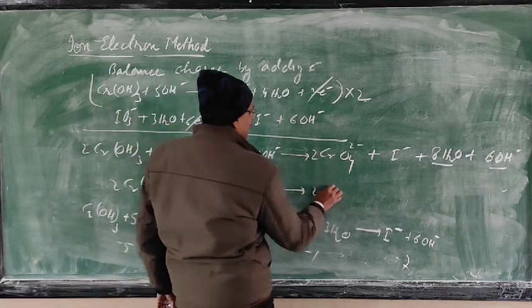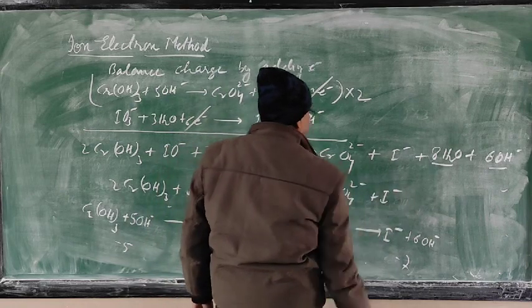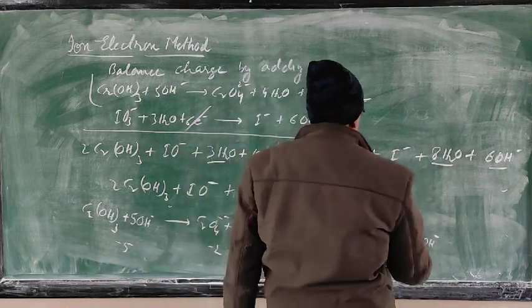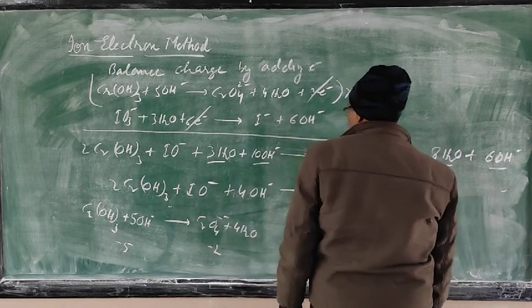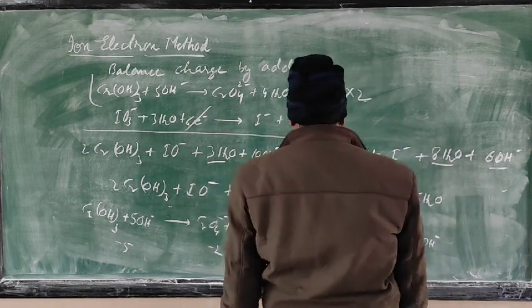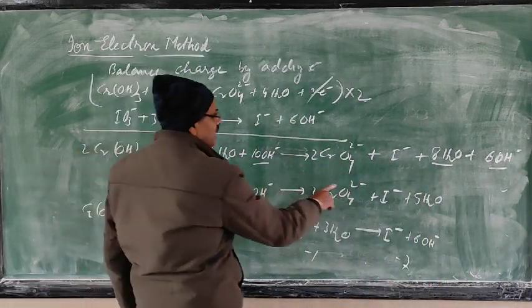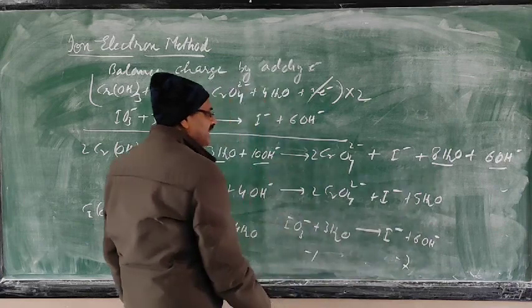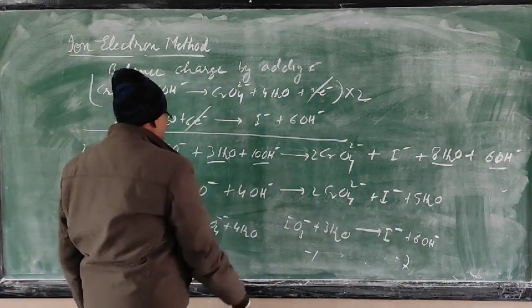This will give 2 CrO4 2 negative, I negative, then 5 H2O, and yes, now balanced, because 3 H2O and 8 minus 3 is 5 that side only, and 6 OH will come here, then 10 minus 6.